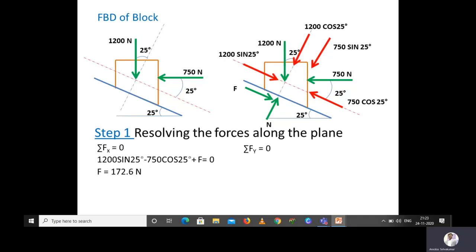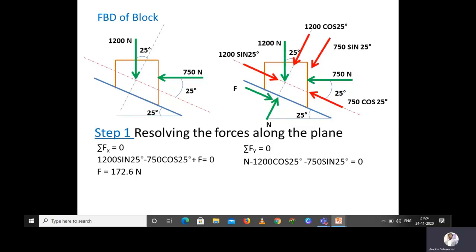Now if we write the equation, we consider upward as positive with respect to the inclined plane. Then N is positive, and 1200 cos 25 and 750 sine 25 degrees are negative, because they act downward and the normal reaction acts upward.